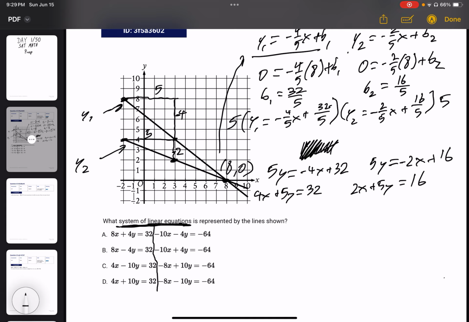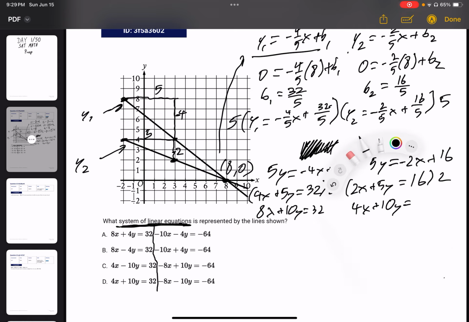So now we should look at the answers and see if any of those equations match. We have some 4x's, which is good, but no 5y's in any of them. It's all 10y's. So we're going to multiply by 2 again. And we're going to get 8x plus 10y is equal to 64, and 4x plus 10y is equal to 32.